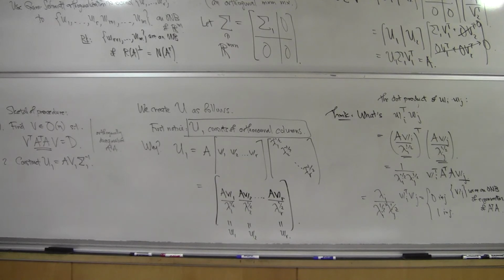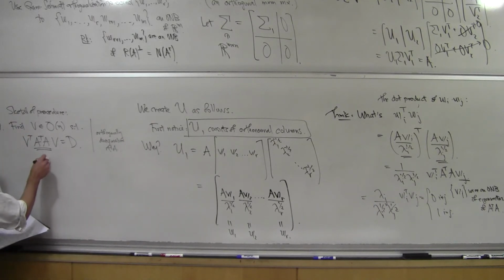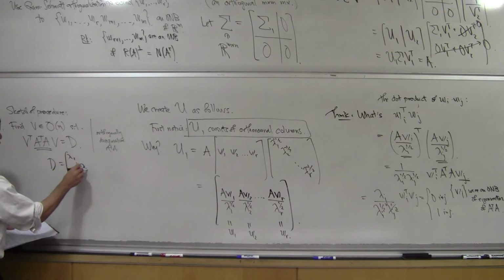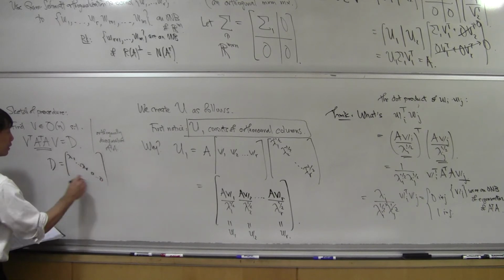Wait, does that say the negative one there? Where? With the sigma? Sigma 1 inverse. Yeah, sigma 1 inverse. Okay, so maybe let me be less sketchy. Remember that D is lambda 1 through lambda R, and then a bunch of zeros afterwards.